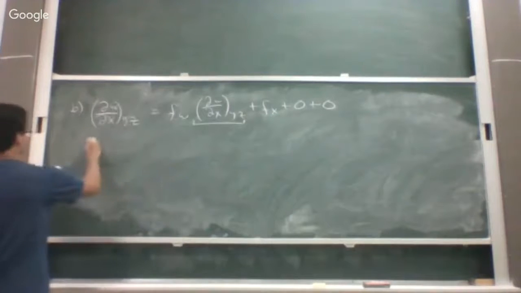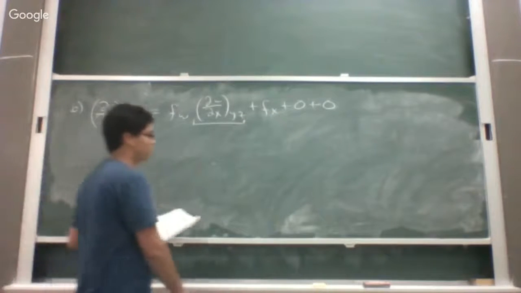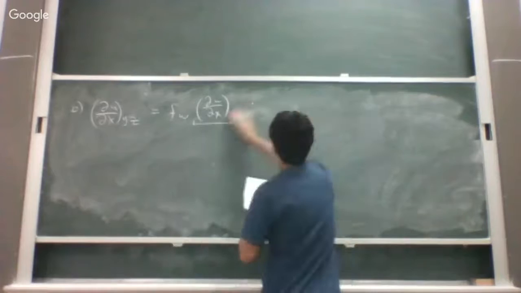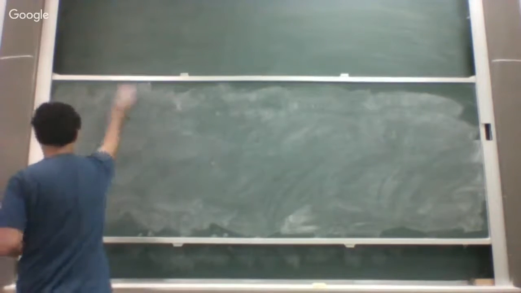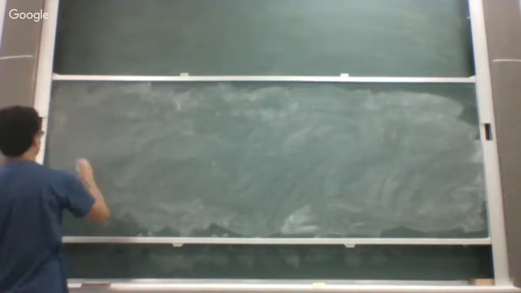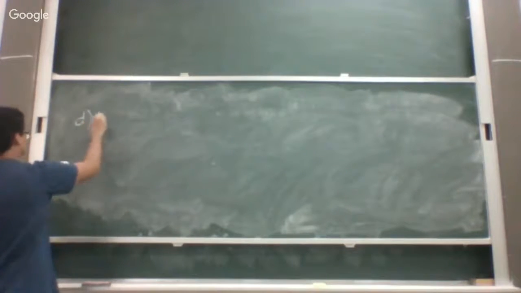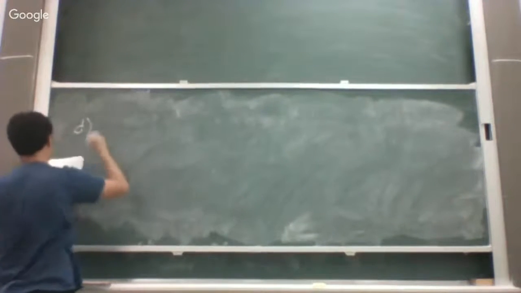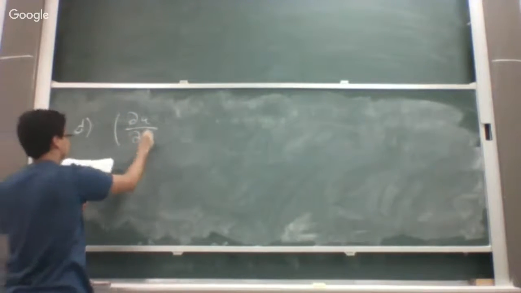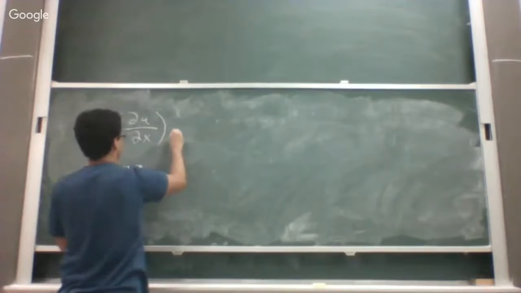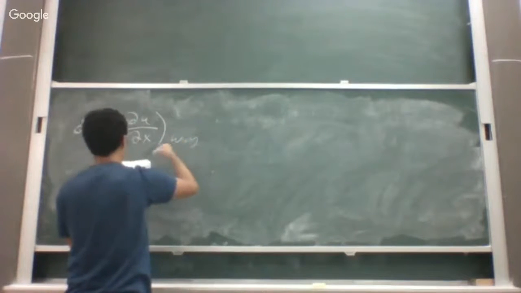So the last one is the simplest one. We have to find the partial of u with respect to x, holding w and y constant.